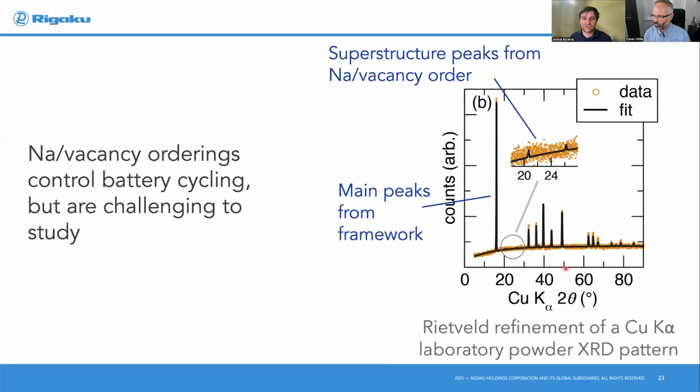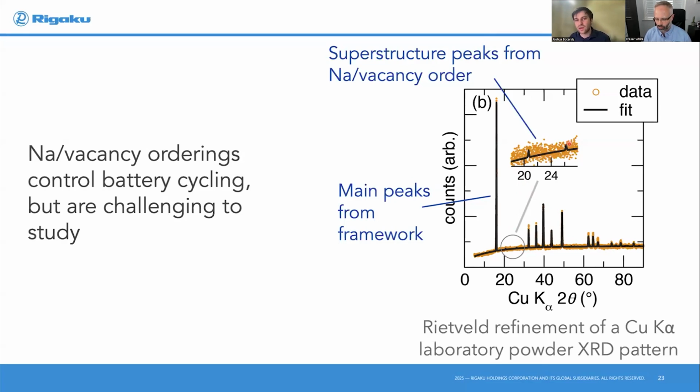So here's a powder diffraction pattern, and we're trying to simulate it with a model of a sodium vacancy ordered superstructure. And what you can see is, this is lab-based copper K alpha powder XRD. What you can see is the main peaks from the framework are shown and fit the data quite well. But we have to zoom in to the noise, essentially, of our XRD to see where the superstructure peaks arising from that sodium vacancy order would be.